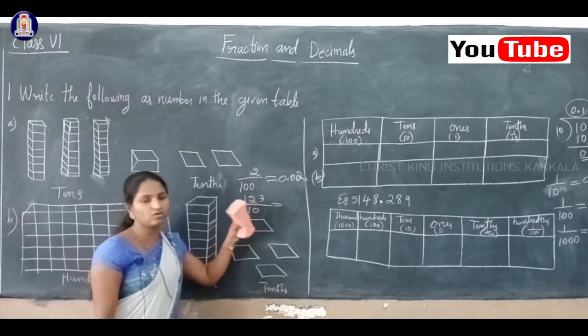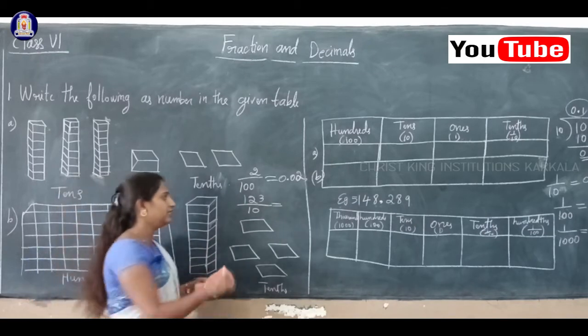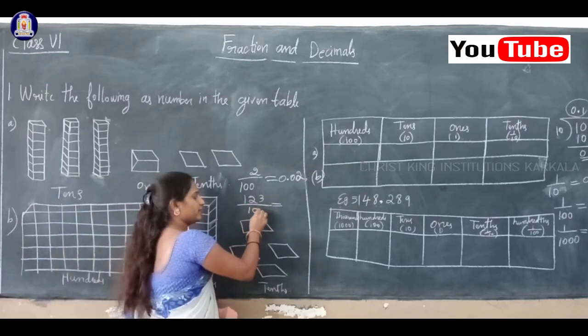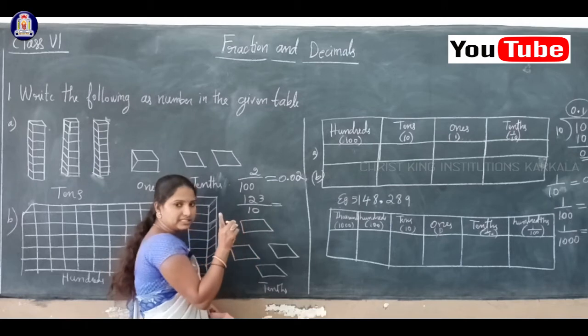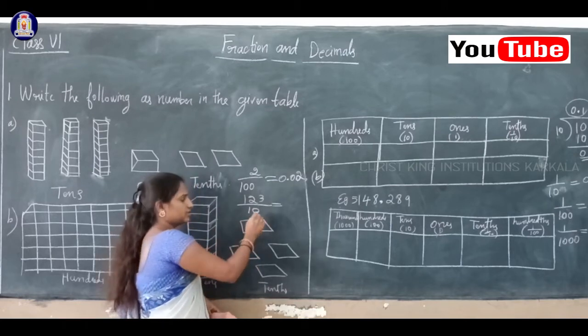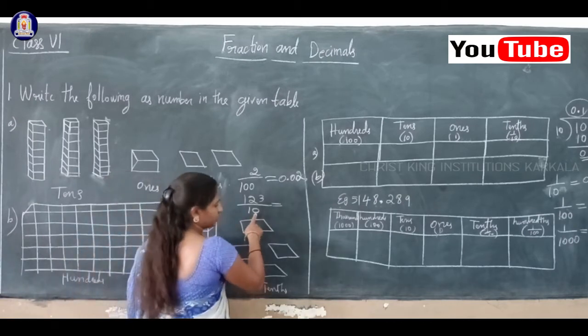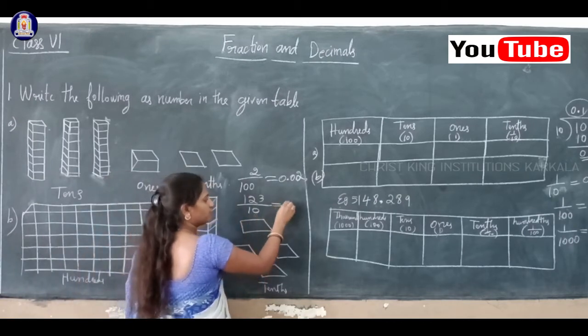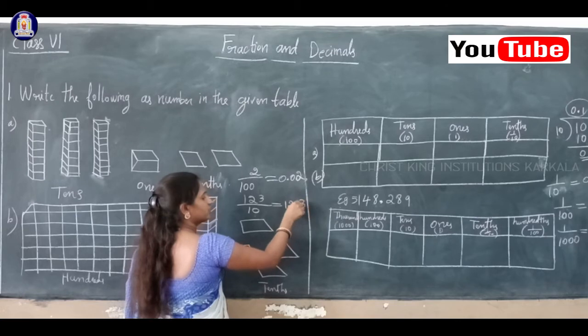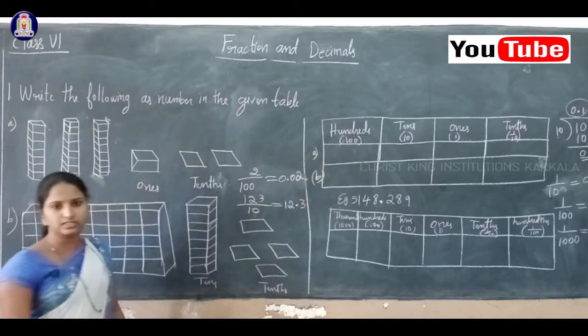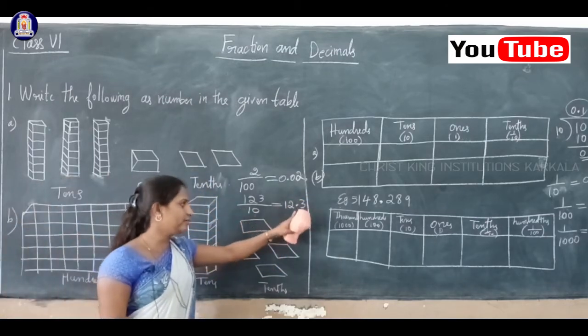Here, this is the fraction we can write in decimal, where after the decimal point you must get 1 digit. Why 1 digit? Because the denominator is 10, so after the decimal point we should get 1 digit. So 123 by 10 is 12.3.